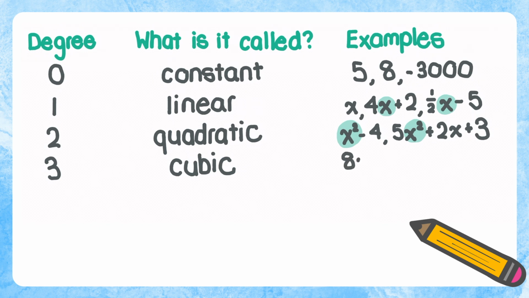Here's some examples of cubic expressions. 8x cubed, or 1 over 7x cubed minus 10. Again, focus on the highest degree. So we talked about 4 different types of first names for polynomials: a constant, linear, quadratic, and cubic.